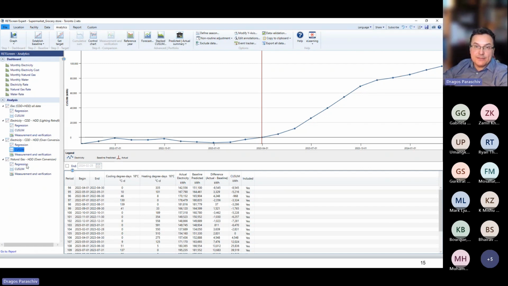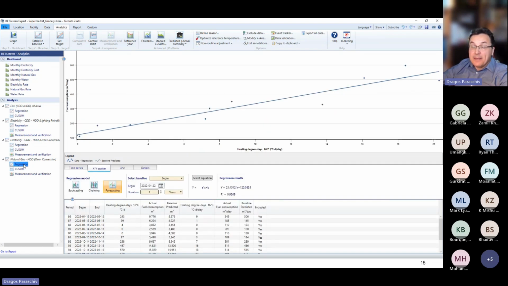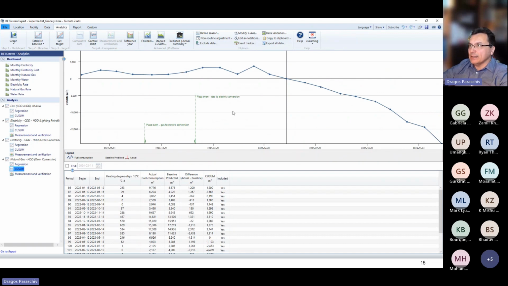And because we also expect to get natural gas savings, we created the natural gas regression analysis here. We are looking at the same period of time, 1 year prior to the conversion of the oven project, and consumption is expected to drop, and that's exactly what our chart shows here.